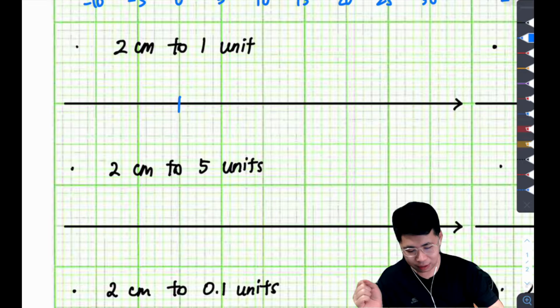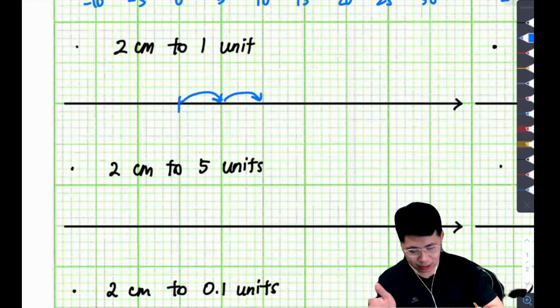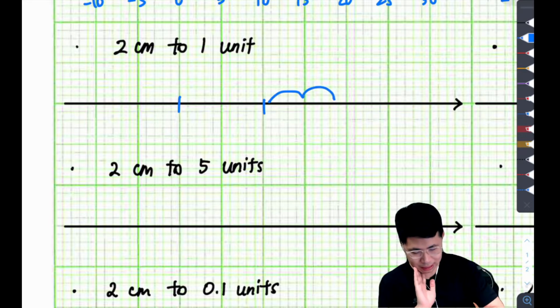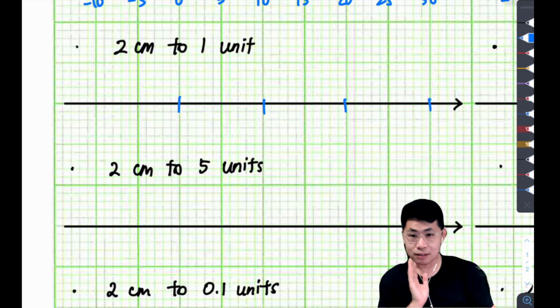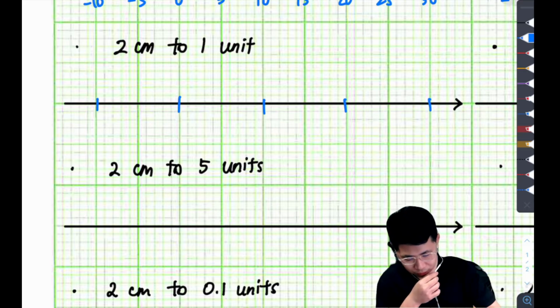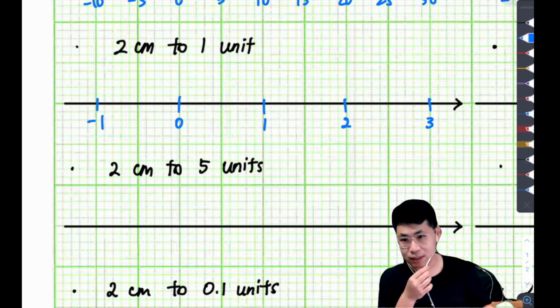So let's say if I have 1 over here, so the next gap will be, this is 1 cm, the next one will be 2 cm over here. Right? Another 2 cm over here, another 2 cm over there. Right? Next one, count backwards, we have this one over here. So how would the scale work? 0, 1, 2, 3. So every gap there will be 1 unit.